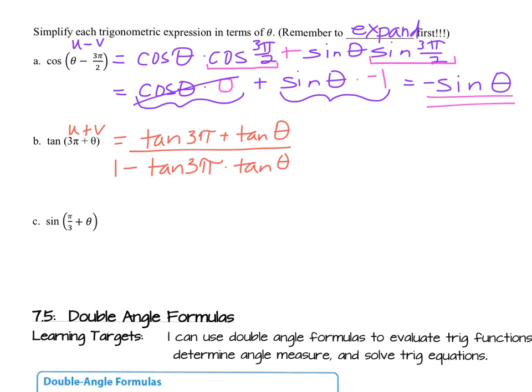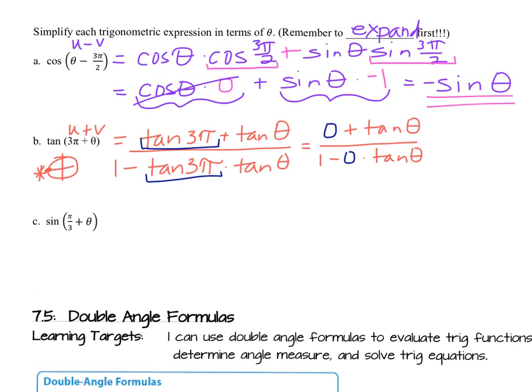So if we think in the unit circle, 3 pi, remember all the way around is 2 pi. Therefore, to get to 3 pi, we'd have to go to that left-hand side. So now we're going to be over on the circle on this left-hand side. And tangent equals 0. That makes this pretty easy to work with. We'll take it. So if we say equals, tan at 3 pi is just 0, plus tan theta, over 1 minus, again, tan 3 pi, 0, times tan theta.